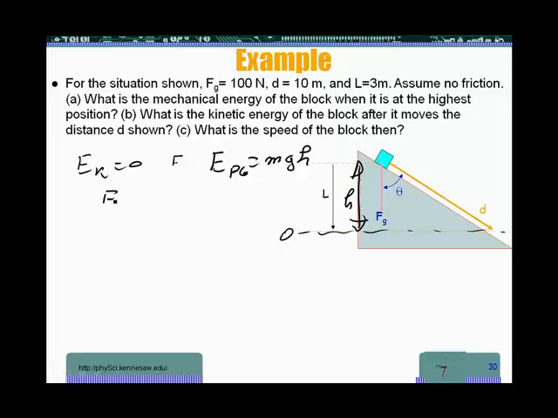So EPG at that point is going to be equal to mass times g times 3 meters. And mass times g is the 100 newtons here. So 100 newtons times 3 meters, that will give us 300 joules.